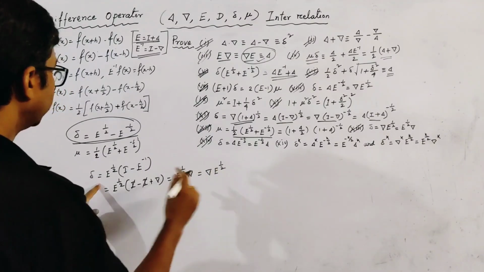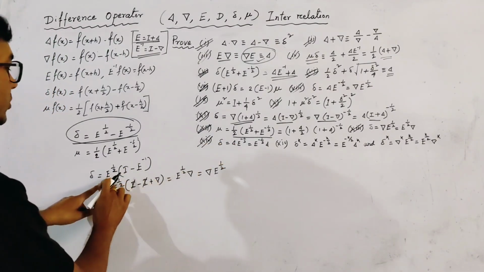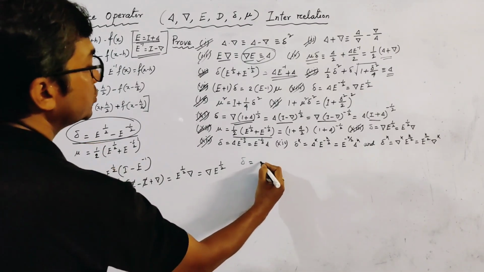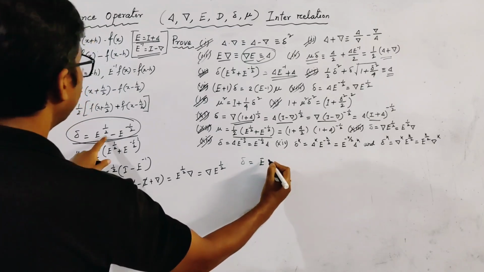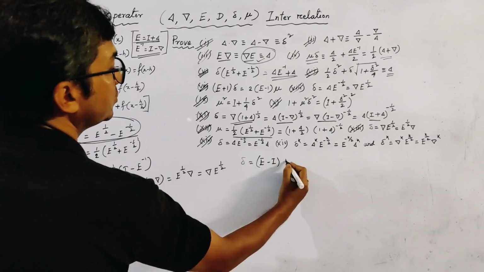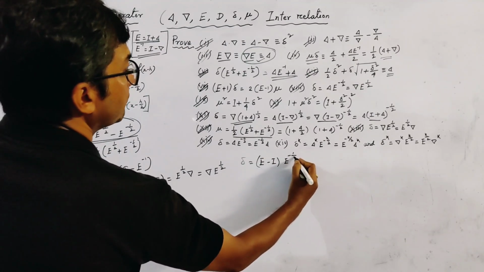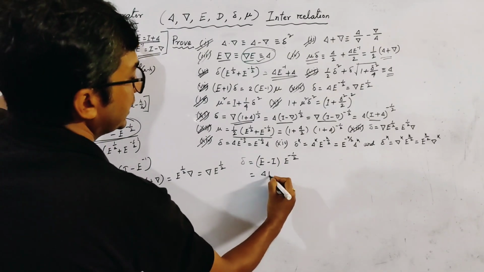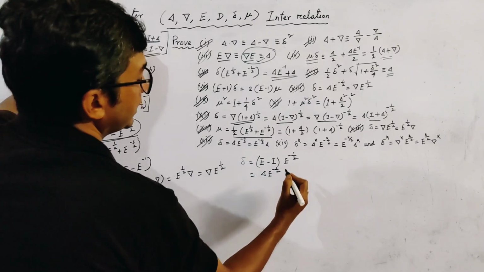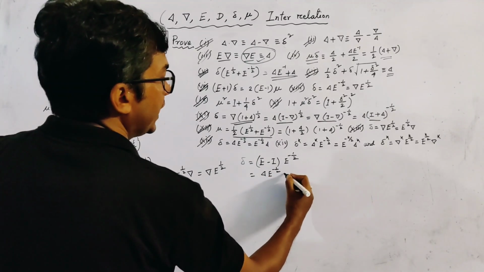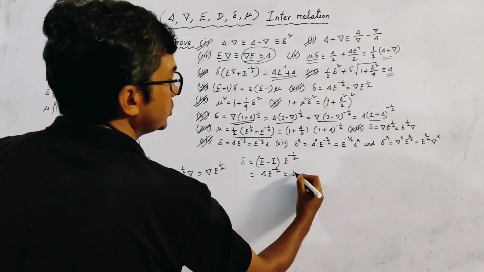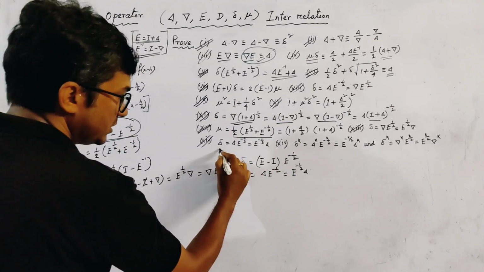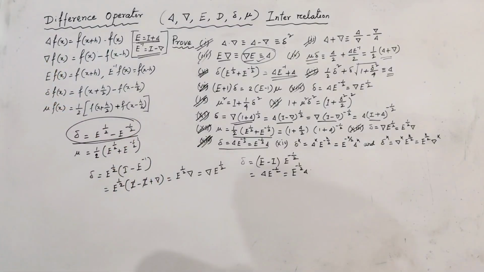Here we take common e to the power minus half. From this relation we get delta equal to e minus I into e to the power minus half, and this is equal to delta into e to the power minus half, and since delta and the shift operator commute with each other, we can write e to the power minus half into delta, and this is the proof of relation number 14.